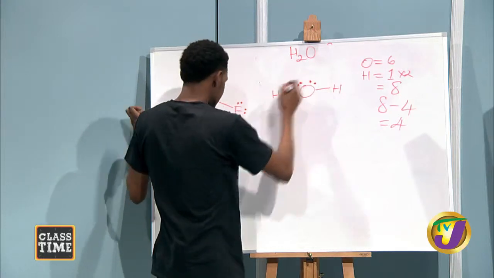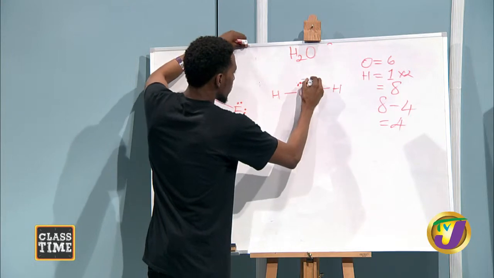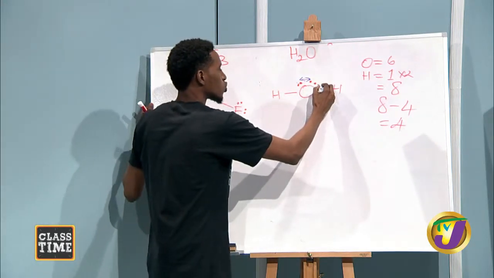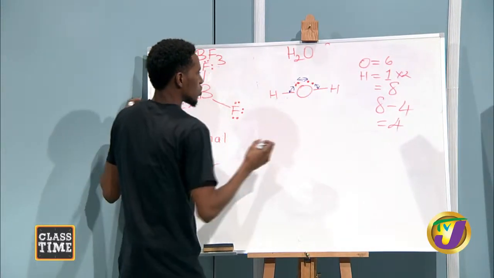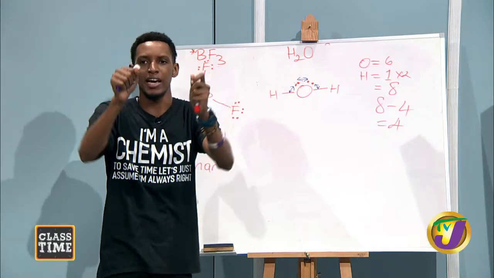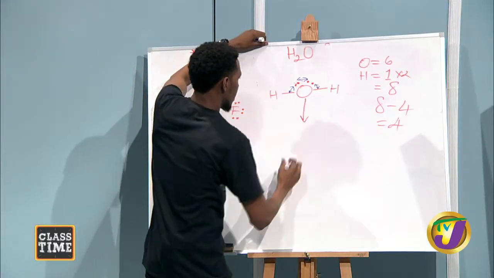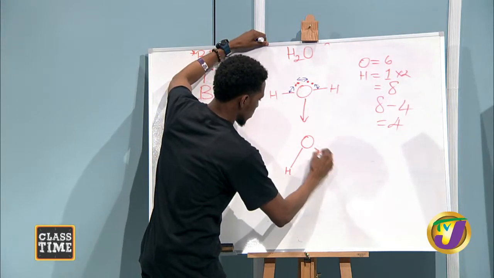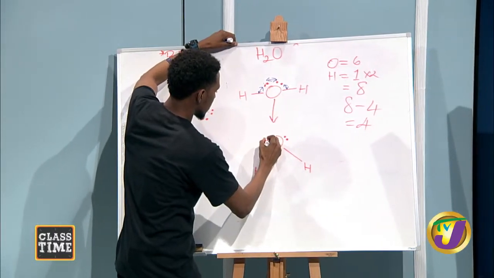So what would happen here is that you would have the lone pairs repelling each other. And the lone pairs would also be repelling the bonding pairs. So the lone pairs would repel each other so strongly that it would bend the water molecule into a shape like this. And the lone pairs would be here.